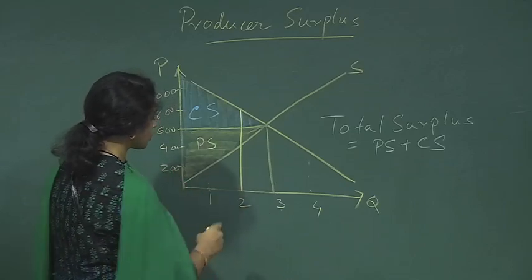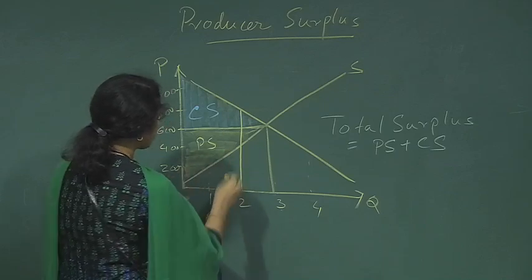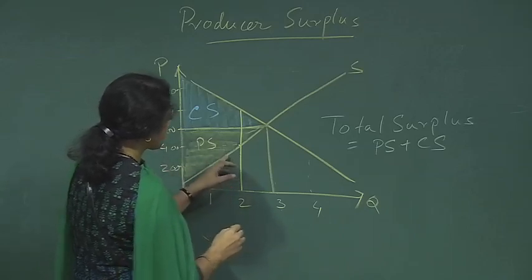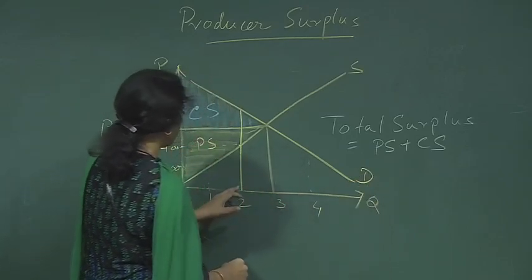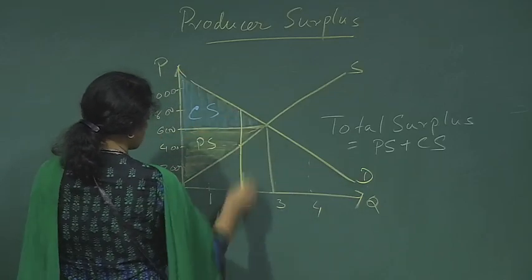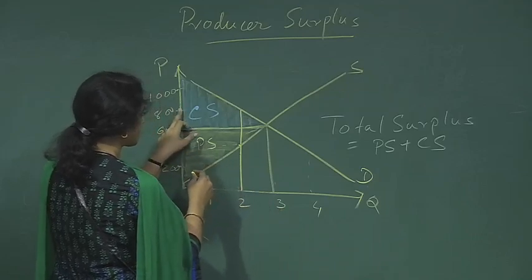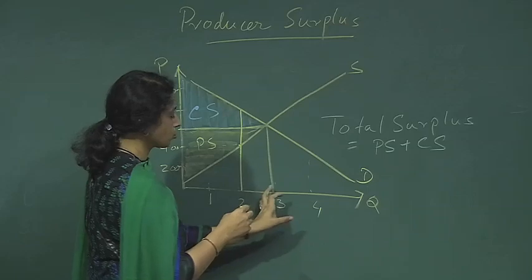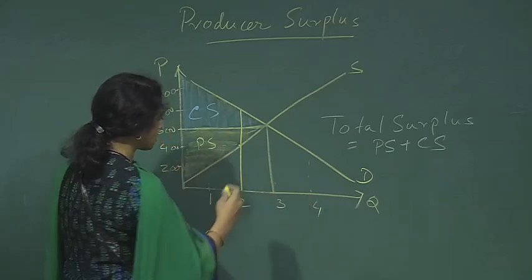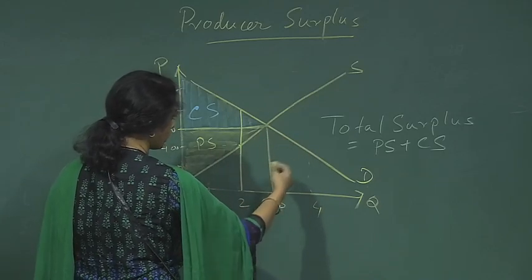If 2 units are produced, the suppliers would be charging a smaller price, and the buyers, since they are getting less than what was available in the market, so the price goes up, they would be willing to purchase more at a lower price. And similarly, the suppliers see that it makes sense to increase the production in the market because they will be able to sell in the market.